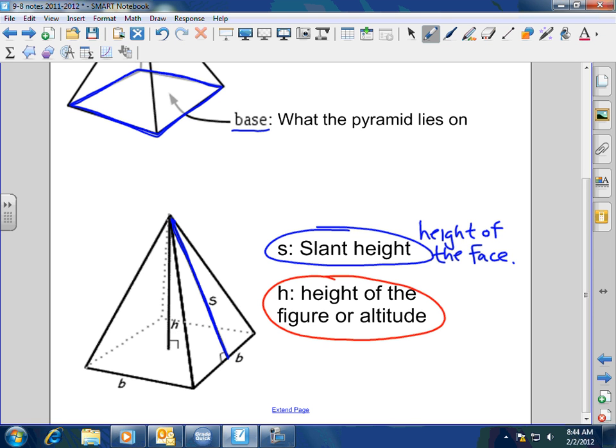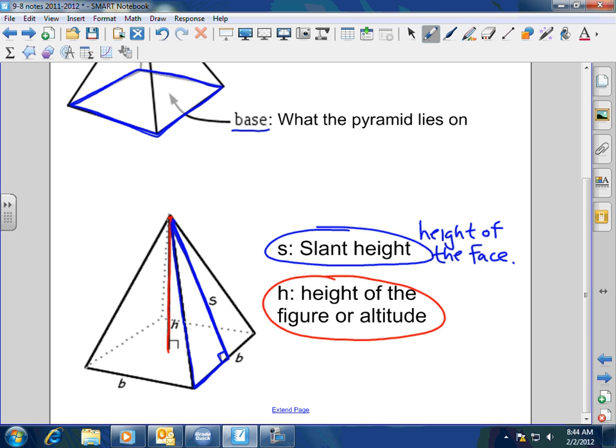or the altitude. So when I come down here and do a straight line to the base, creating an altitude, that's my altitude. That's the height of the actual figure. Look at what happens here, guys, because it's really important. With the slant height, I can create a right triangle with half of the base and the connecting edge. See that right triangle right there?